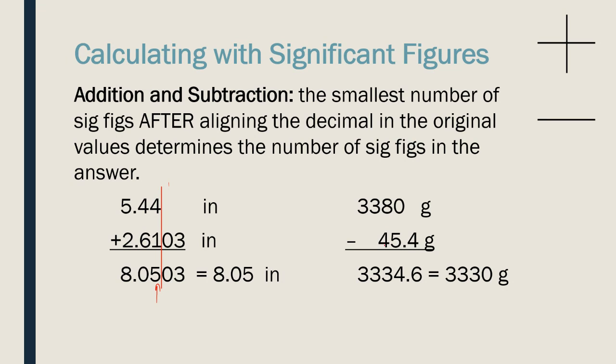So when you're subtracting, same thing: you line up your decimal, and you make a line for where the significant figures ended. The significant figures ended here for the 3380. That's the last significant figure. And so therefore your answer can only be accurate to the tens place. Even though you had these on this number, your other number didn't have it to that point. So you have to round to this place.